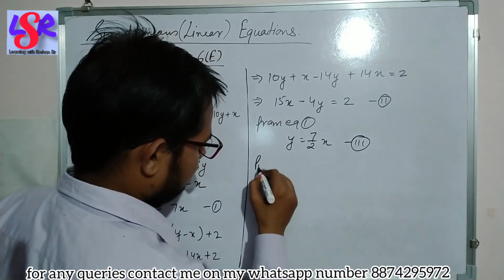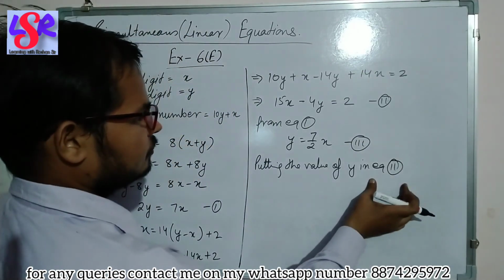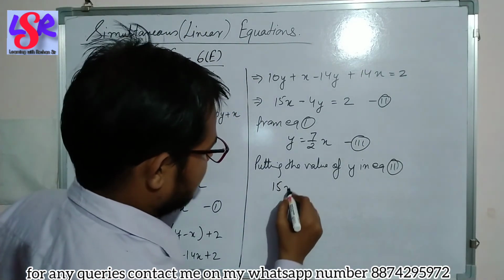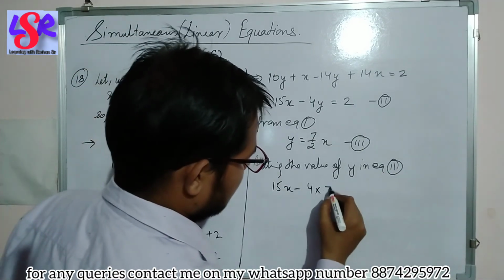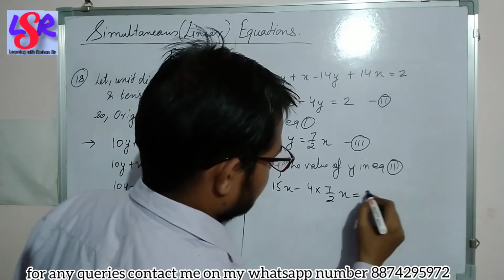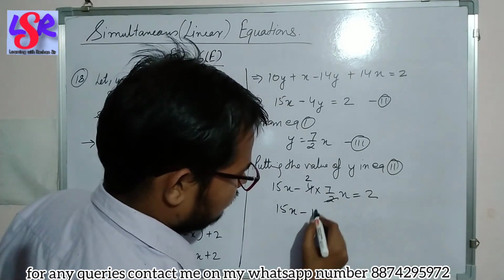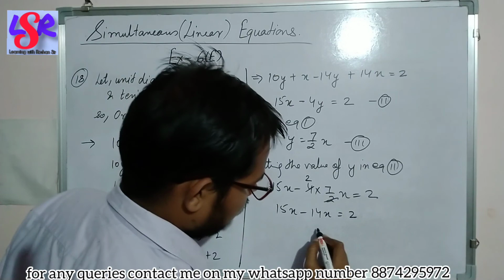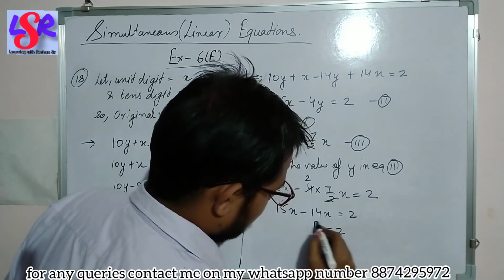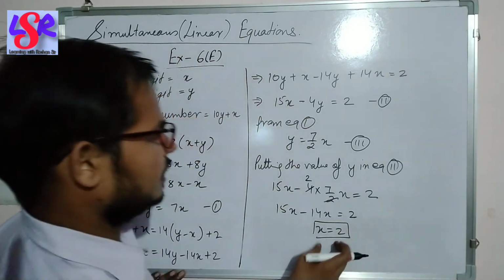Now putting the value of y in equation number 2, we get 15x minus 4 into 7 upon 2x equals 2. Here we are going to solve it to get 15x minus 14x equals 2, that is x equals 2. Now place the value of x in equation number 3.